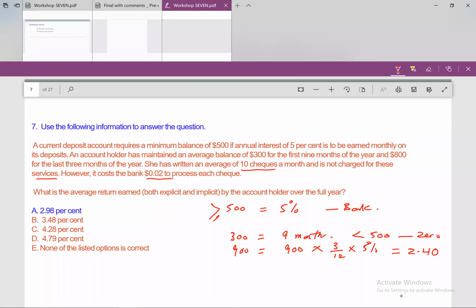So for services, 10 checks for each month for 12 months, and this actually equals 2 cents each. Did anybody calculate this one? I think this is 1,225.